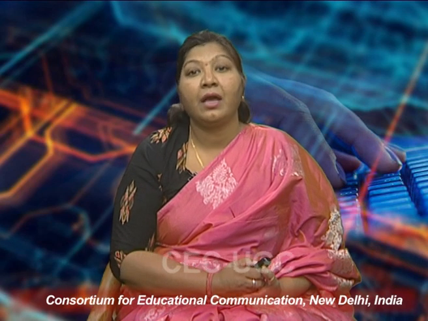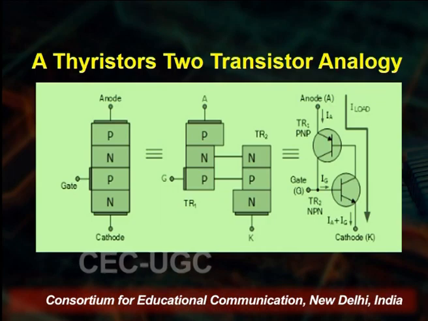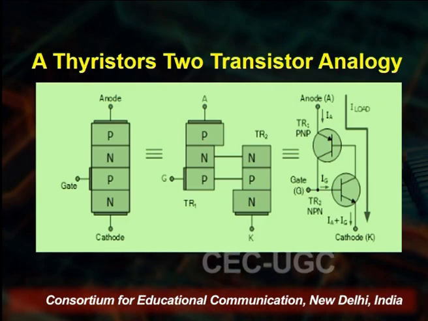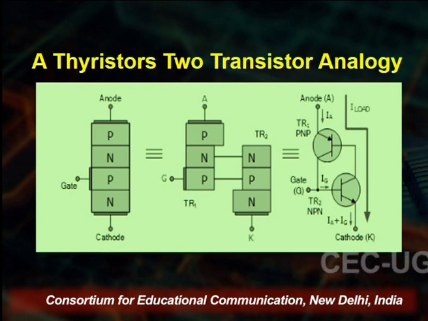The operation of the thyristor can be best explained by assuming it to be made of two transistors connected back to back as a pair of complementary regenerative switches. As you see in the diagram, the two transistors are connected base to base. This is the two transistor analogy.